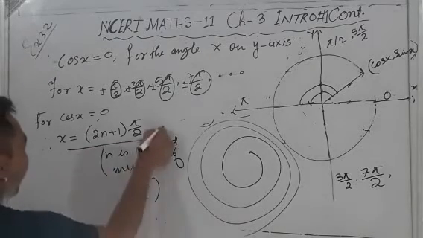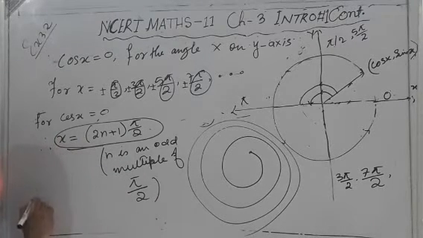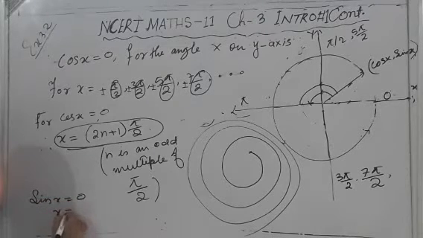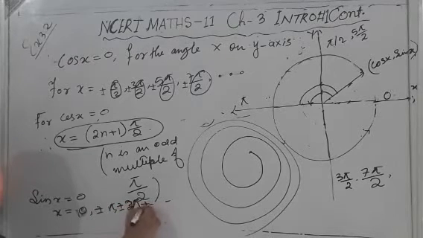So you have to remember this. And for sin x equal to 0, x equals plus minus 0, plus minus pi, plus minus 2 pi, plus minus 3 pi, like this. You have to remember that.